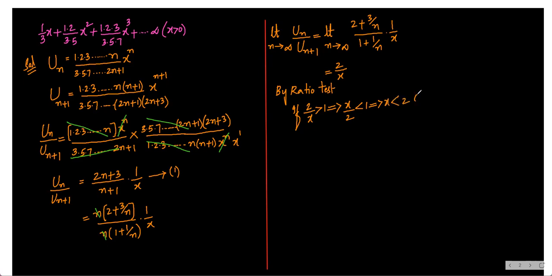Second line of this statement: if 2 by x is greater than 1, it means that x by 2 should be strictly less than 1, implies x is less than 2. Then we say that it is divergent.